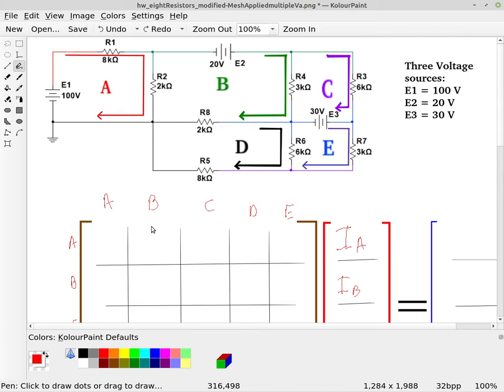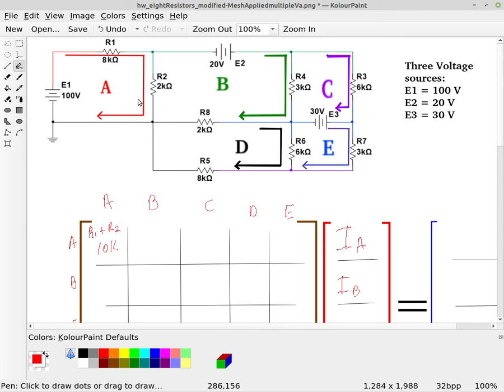Okay. So when we look at this, we see our loop A has a resistor R1 and a resistor R2. So that is R1 plus R2, and so that's 8K plus 2K, so that's going to be a 10K.